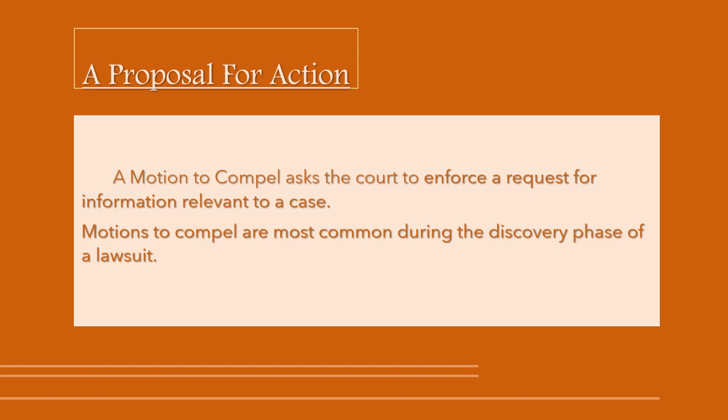With a motion to compel discovery, you are moving or asking the court to order the responding party to provide information that had been requested of them, but they did not supply. Either they did not respond to the request, or the response that was provided was inadequate.